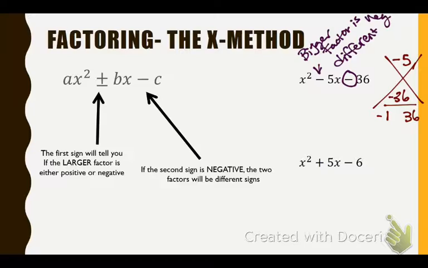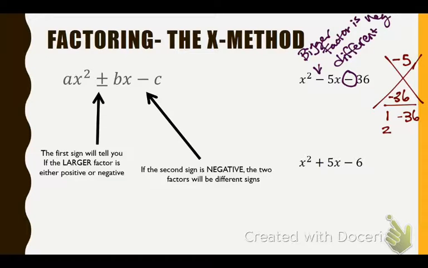If, in this case, the smaller number were negative, what is 36 minus 1? 35. That's a positive number, correct? See, if the bigger number is positive, your outcome will be positive. Do we want our outcome to be positive? Oh. We want it to be negative. So that is why the bigger number in this case has to be negative, because the b term is negative.